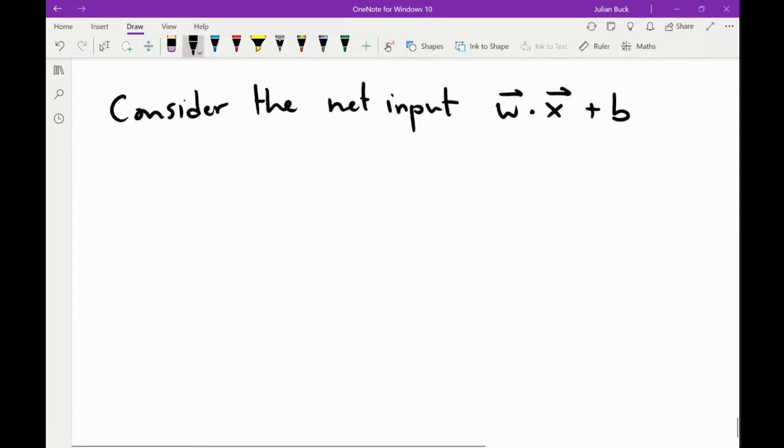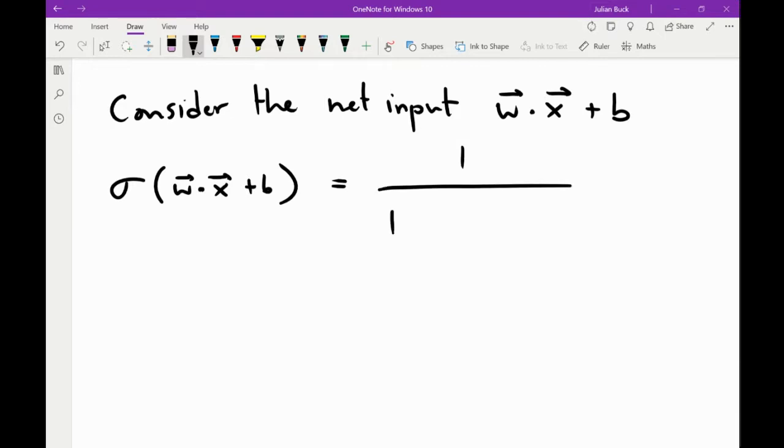What happens if we apply the sigmoid function to that? We use that quantity as our input for sigma of X. So that's equal to 1 over 1 plus e to the negative of that, so negative W dot X minus B, the negative of the whole thing.